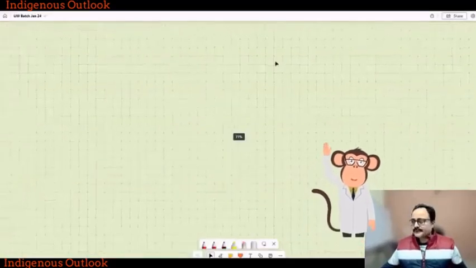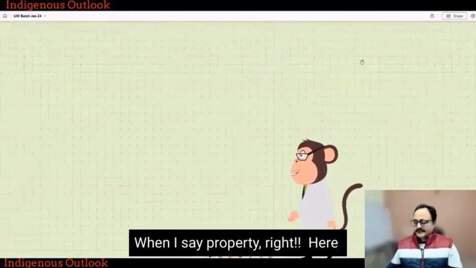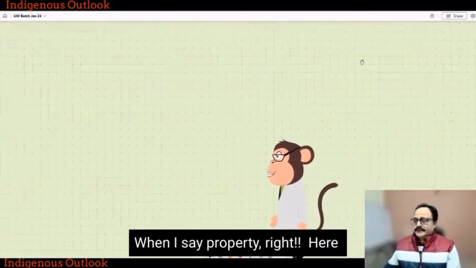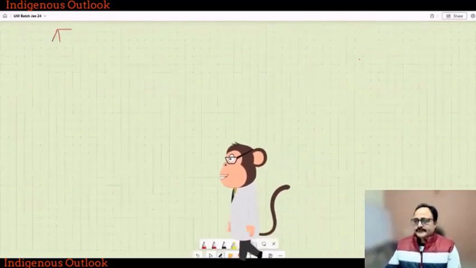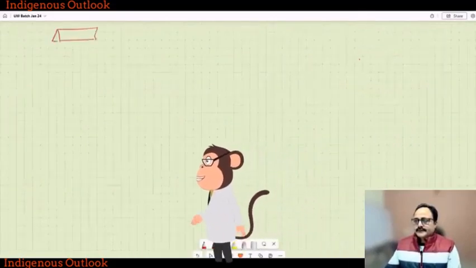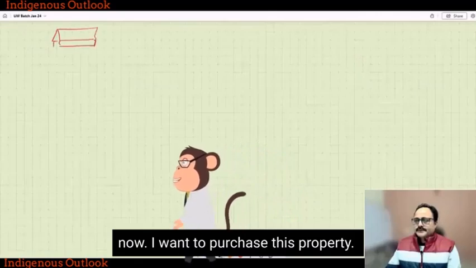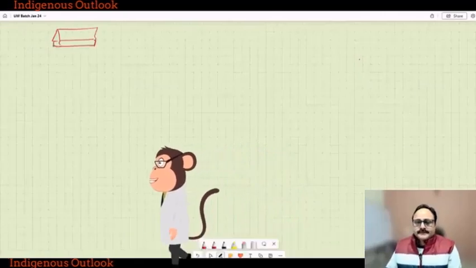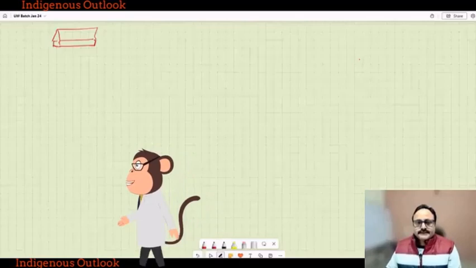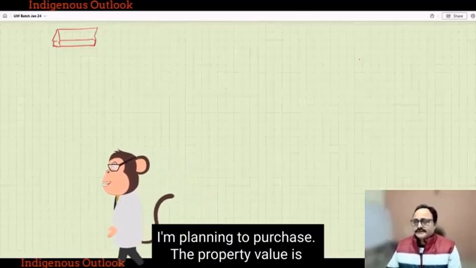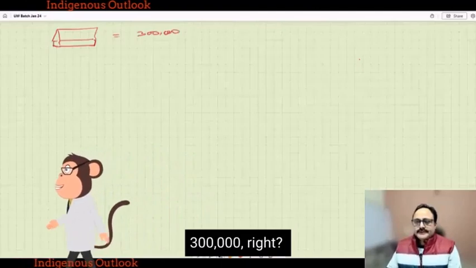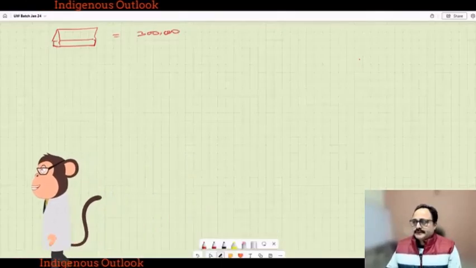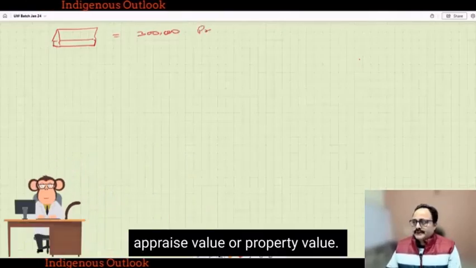So when I say property, here is my property. Now I want to purchase this property. Not yet purchased, I'm planning to purchase. The property value is 300,000. This is the appraised value or property value.